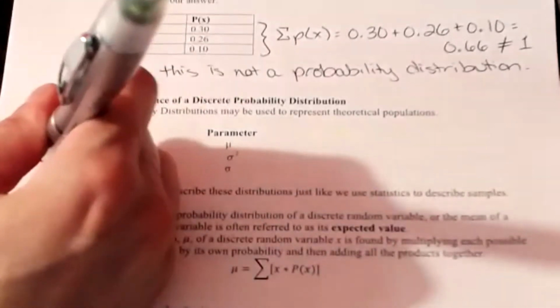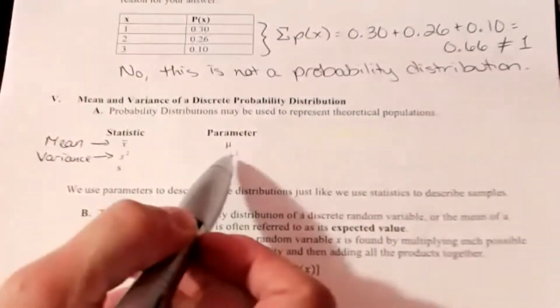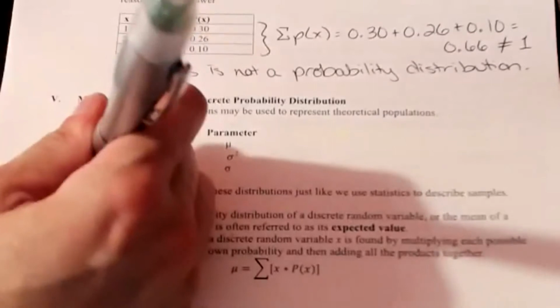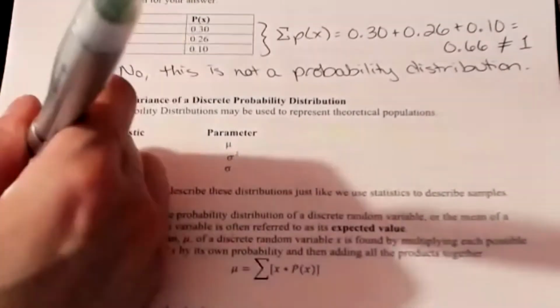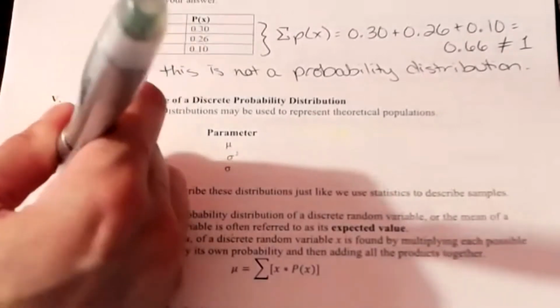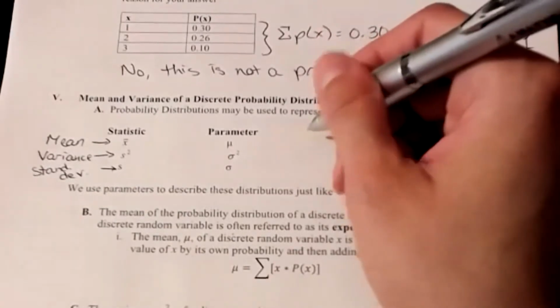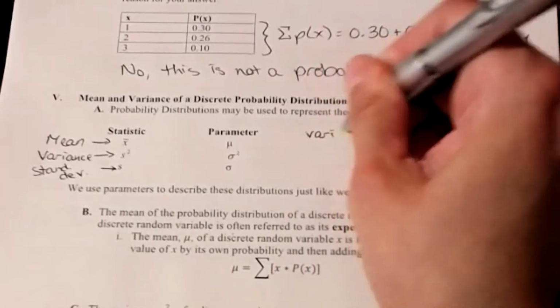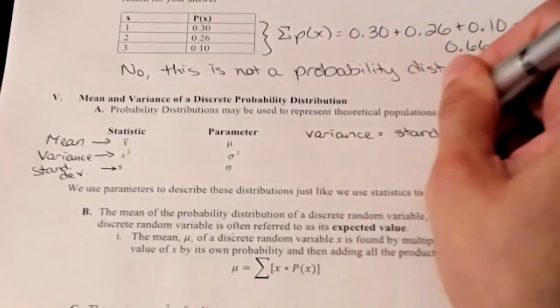Yes, this is the variance. Perfect. Which means sigma squared is also the variance, but for a population. And then what is just S by itself? Standard deviation. Yeah, standard deviation. Love it. I'm just going to abbreviate because I can't quite fit it in there. Standard deviation for a population is sigma. Very nice. As a reminder, we know that the variance is equal to the standard deviation squared, right?